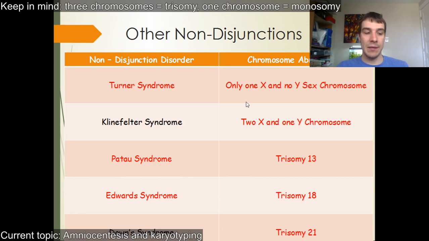It's the only monosomy where you can actually have a viable baby. Klinefelter is 2 X's and a Y, so that's a trisomy, but it's XXY. You can also have other ones like XYY, it's called a super male, which is kind of cool. So those are some different karyotype disorders that you can get as humans.